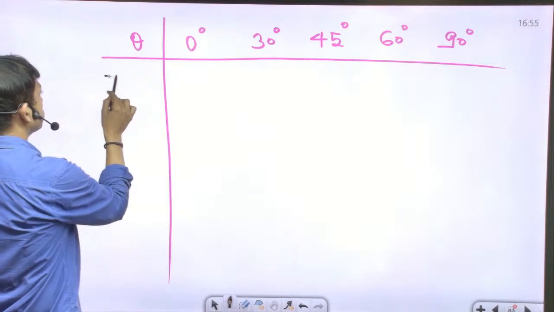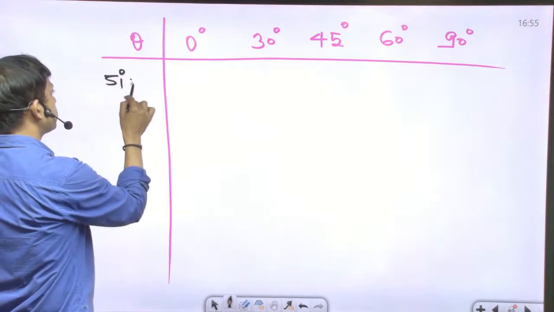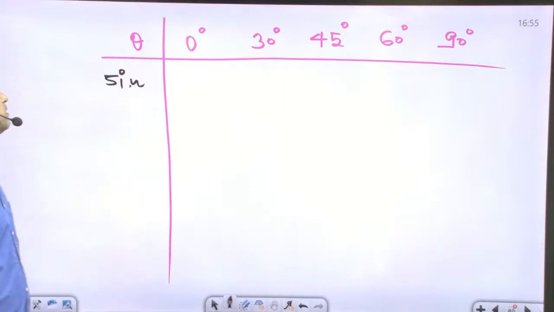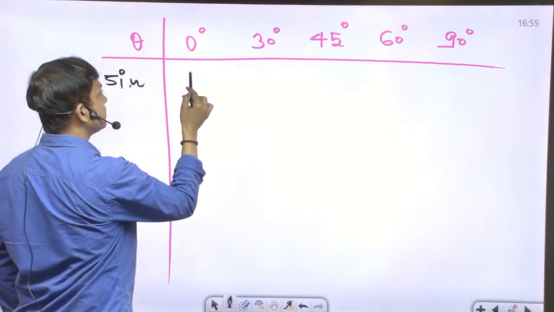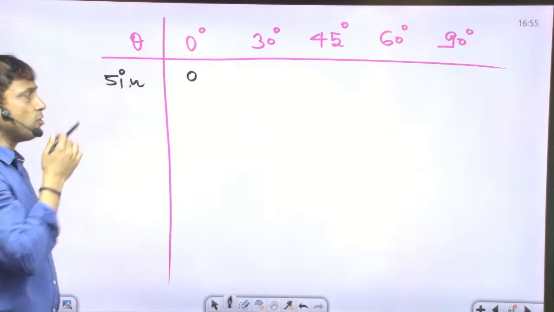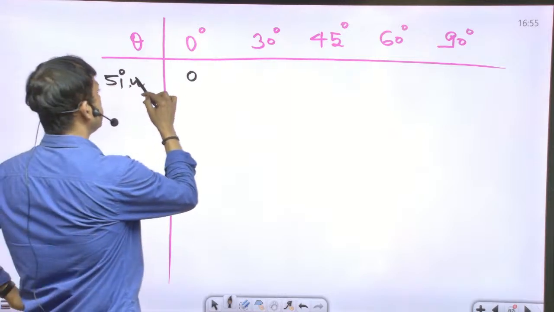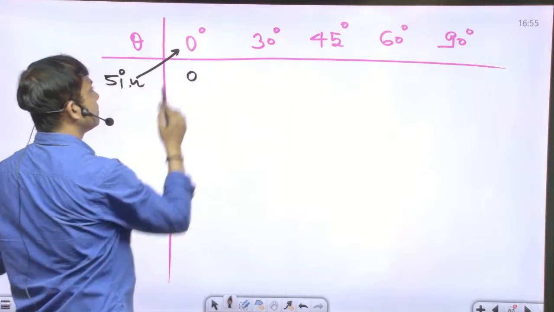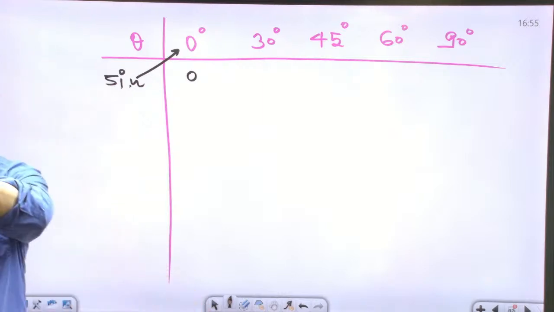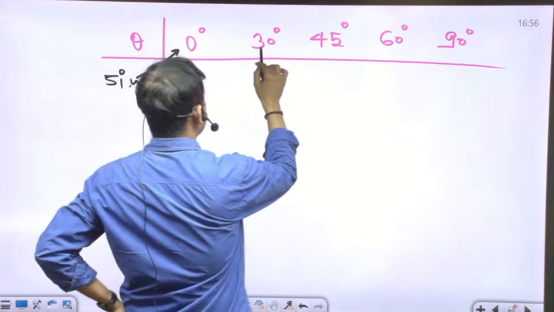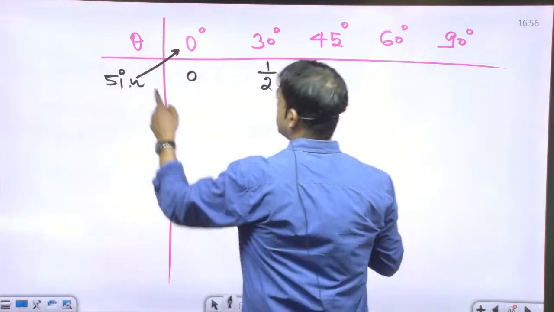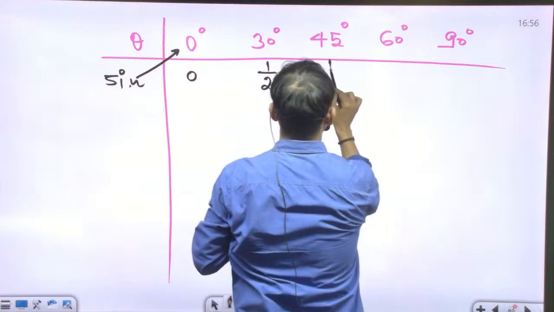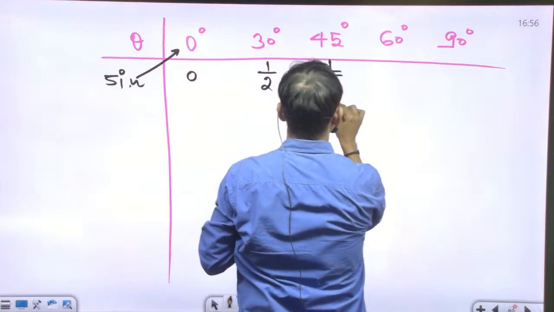First take sine theta. Sine 0 degree is always 0. Sine 30 degree is always 1 by 2. Sine 45 degree is always 1 by root 2.